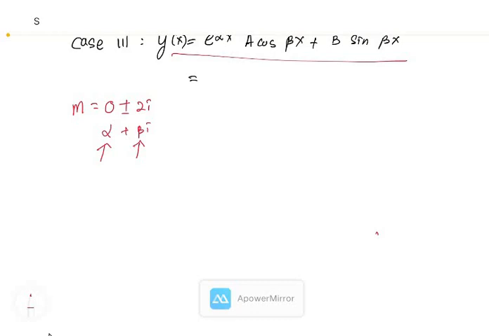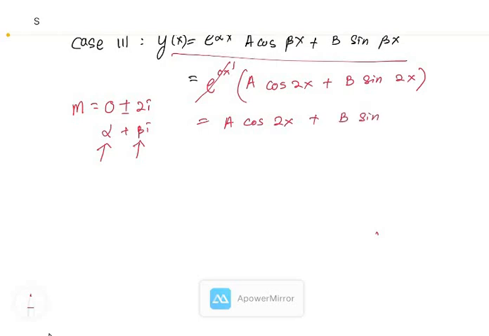So e exponent 0 x, a cos, beta is 2, 2x plus b sine 2x. Exponent 0 we get 1, so we get a cos 2x plus b sine 2x.